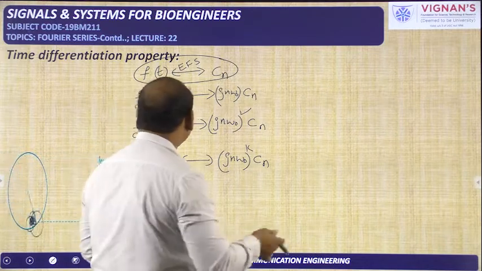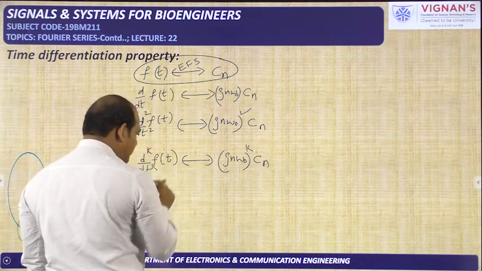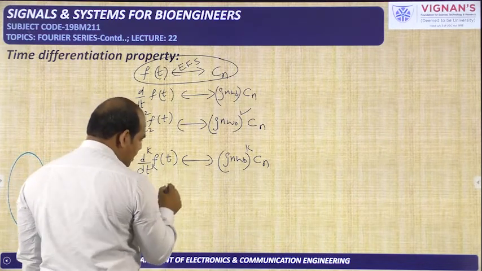And here we can give a generalization, that is time differentiation in one domain. That means here we have done the differentiation in the time domain. So I will give two statements.